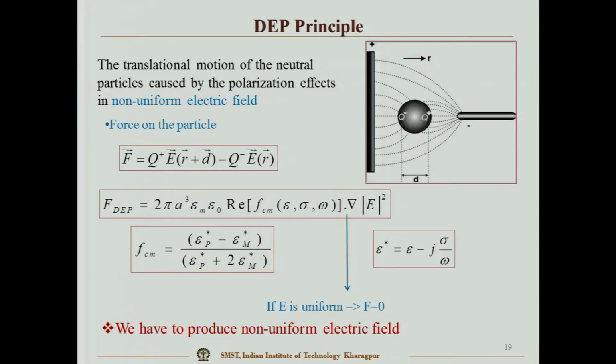That is one aspect. The second aspect is that if the size is the same but the dielectric constant of the different particles varies, then also you can separate the particles, because this force is dependent on this one as well as this factor, where you have the dielectric constant.